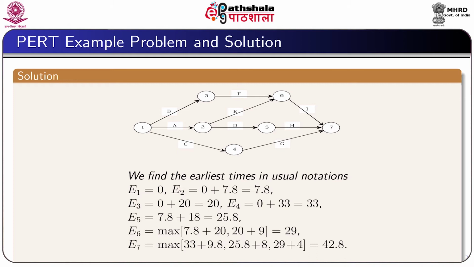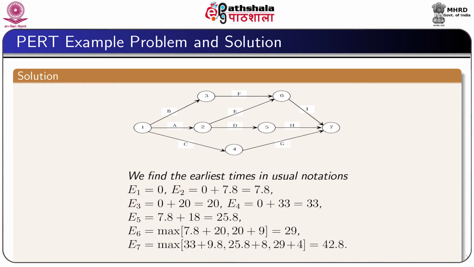Now, we find the earliest times in usual notations. Obviously, we have E1 equal to 0, occurrence of the first event 1 is 0, and then we calculate for the second event E2, E3 for the third one, and for the fourth event E4, and similarly for the fifth event E5 we can calculate straightforwardly.